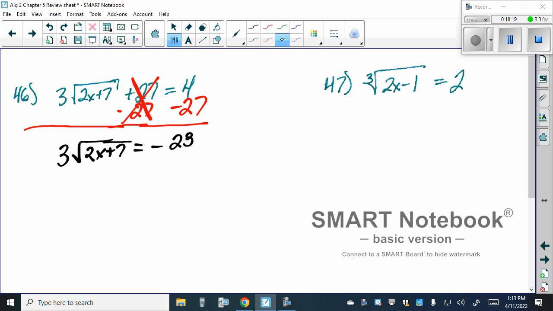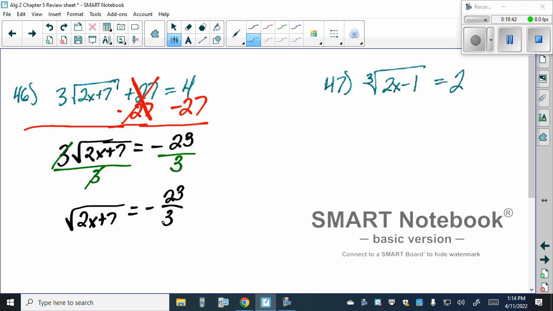Is the radical by itself? No. What do we need to do next? Divide both sides by 3. Because 3 divided by 3 is 1, telling us that the square root of 2x plus 7 is equal to negative 23 over 3.